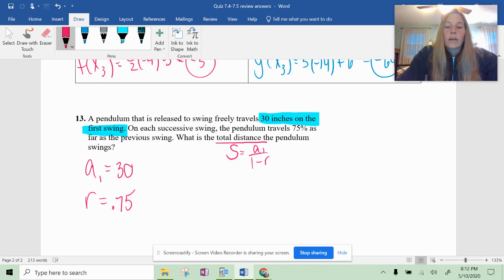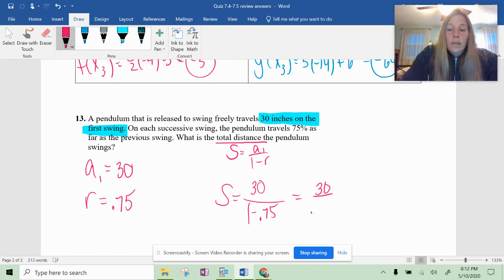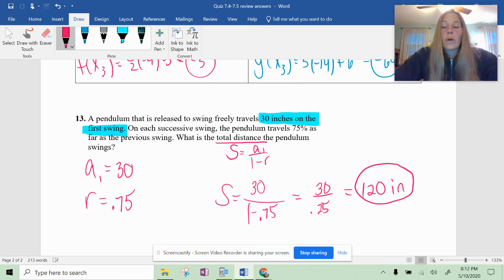So we're just going to plug that information into that infinite geometric series formula. The a sub 1 is 30. That's the distance of the first swing. 1 minus the 0.75, which gives us 0.25. And then when you work that out on your calculator, you get 120, and we are dealing with inches here. So it'd be 120 inches.